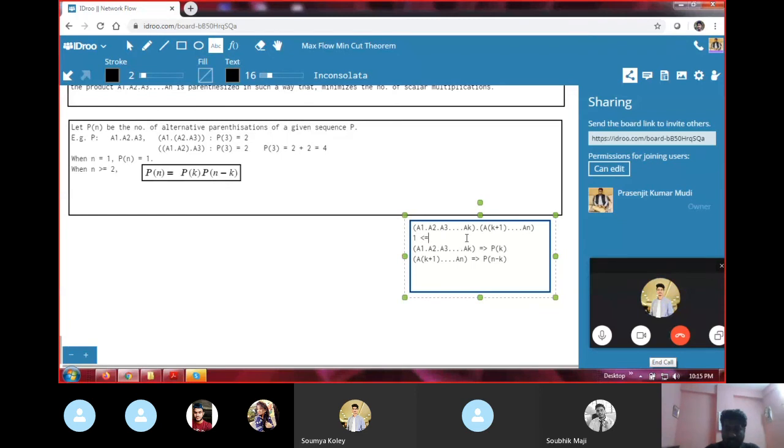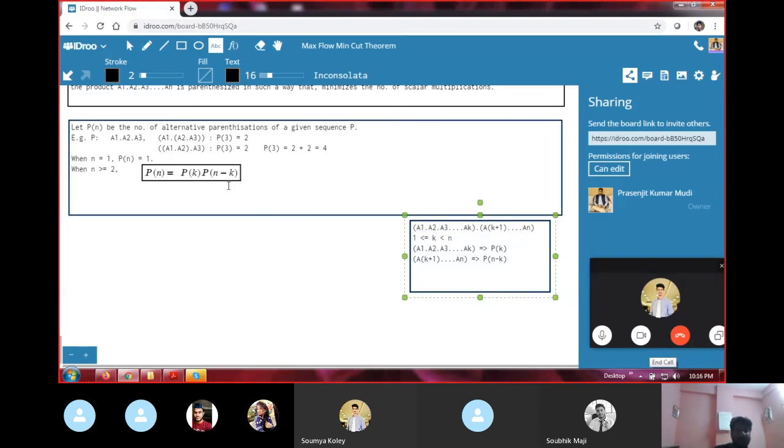That means 1 less than or equal to K less than n, because the first sequence can't be the overall sequence. There is no subsequence possible. At maximum, I may take A1, A2, A3, dot dot dot, A n minus 1. So n minus 1 is the maximum value of K, that means K less than n.